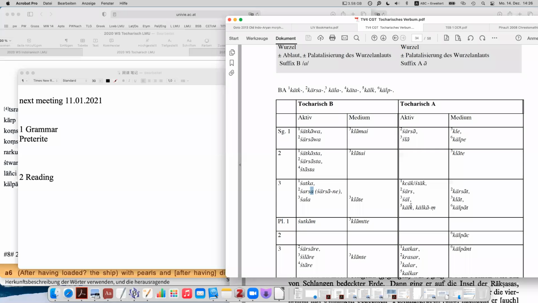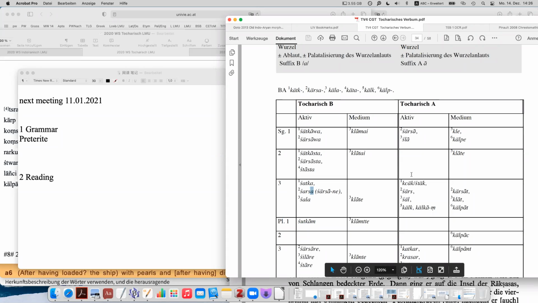But then in Tocharian A, it's shus. The final consonant and the final vowel are both dropped. So we have shus. It just looks like the root kus, but with palatalization. And then the similar one, kula, you have shada, with sh here.